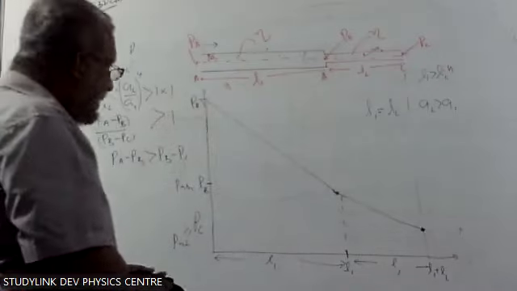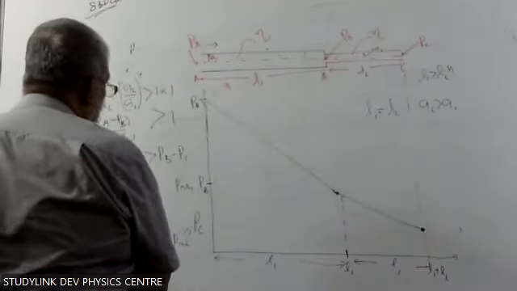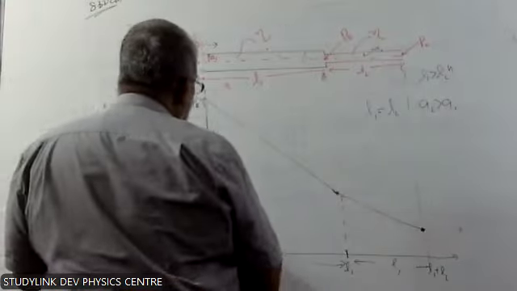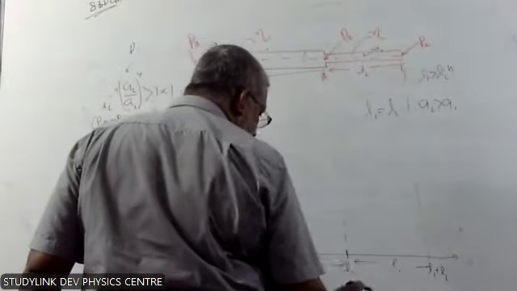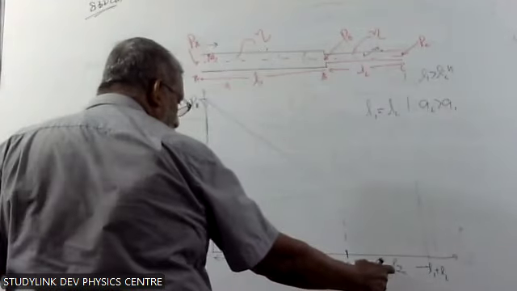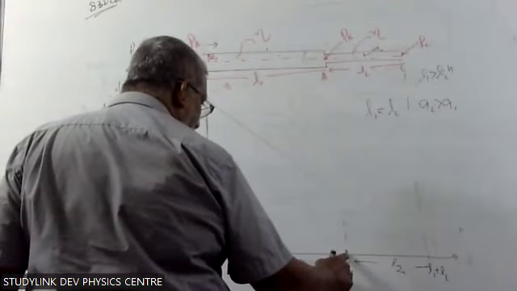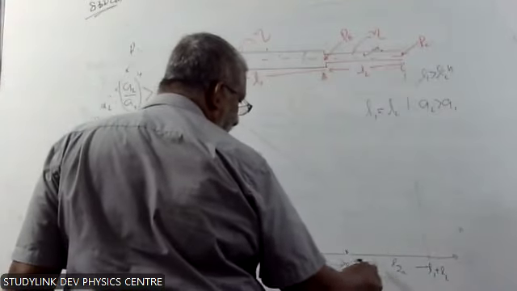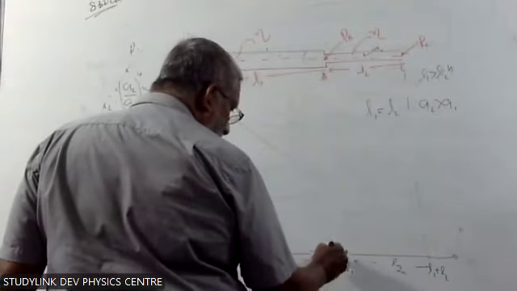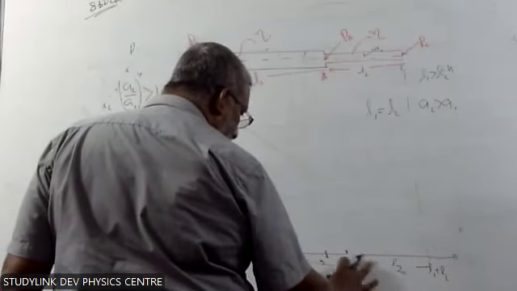But in this case, this is correct for this also. But the only difference is L1 is equal to L2. This is L2, not L1, I have drawn L1 there also. This is L2. Now in this case, both are equal. So that means this is up to this L1 and the other part L2.